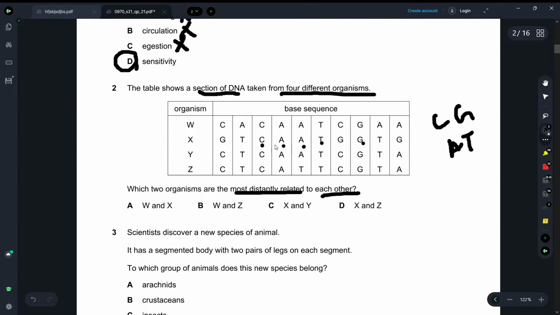So we have five similar ones in these two. If you look at X and Y, we have six similar ones. There are four different organisms here, and we're supposed to find the most distantly related. So it's going to be W and X.